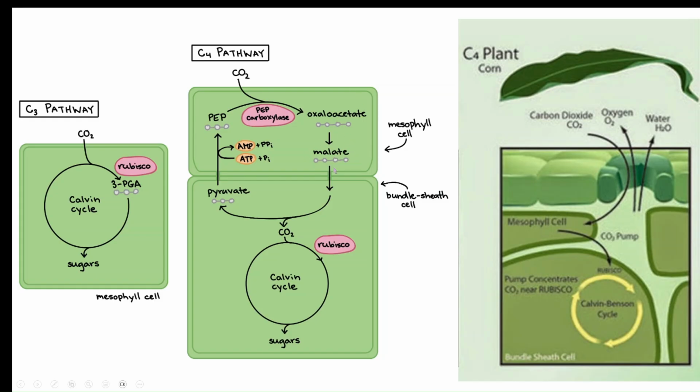And during the daytime, when we have to keep our stomata closed, we're not bringing in as much CO2, but we've built a reserve of malate, which we can then convert back into CO2 throughout the day. So this is why sometimes the light independent reactions are called the dark reactions, especially for C4 plants, because that will enable the plant to be able to do this part specifically more during the nighttime.